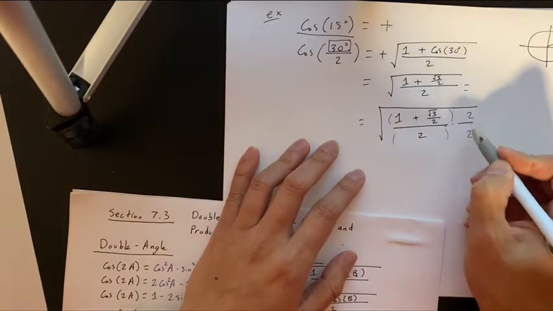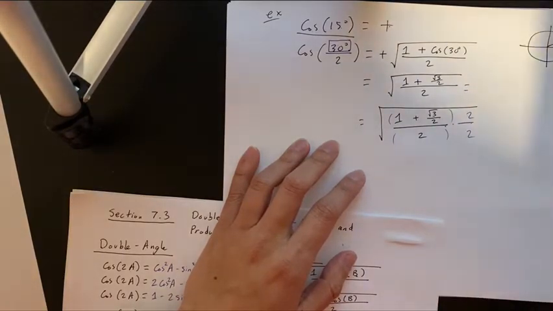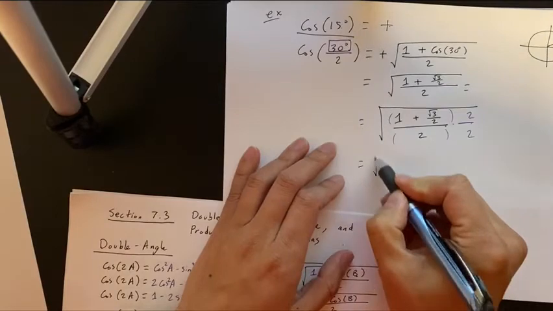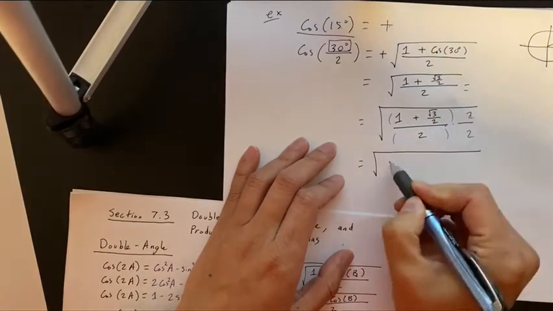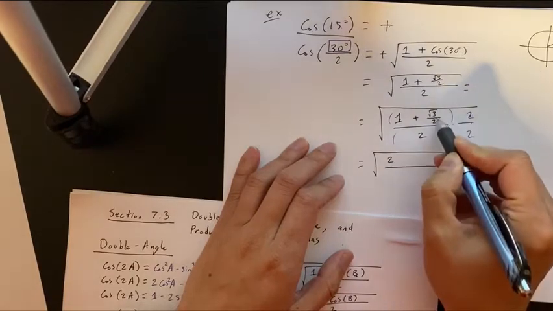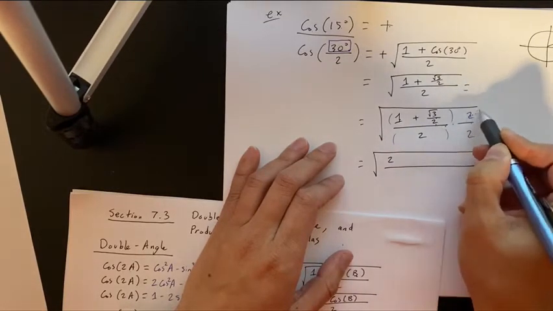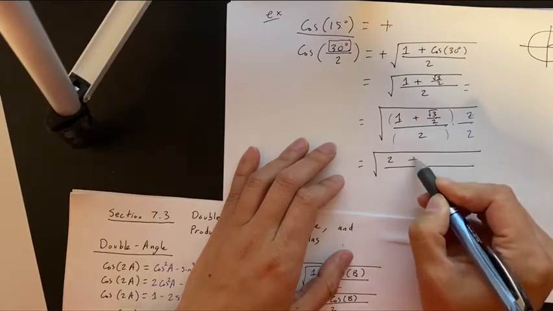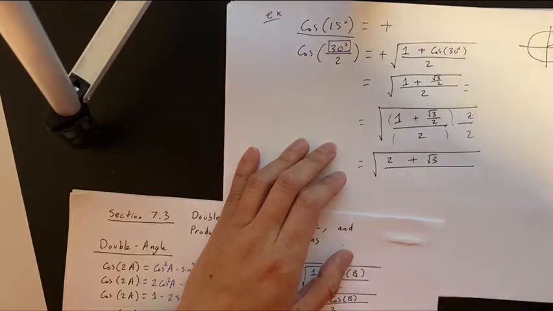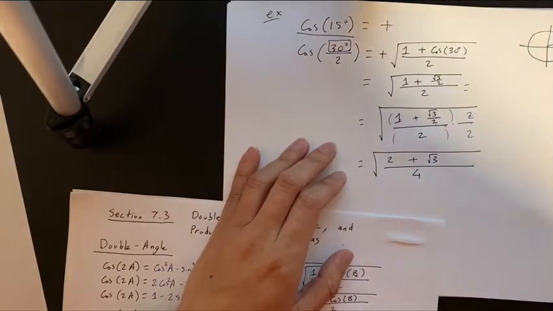As long as you multiply top and bottom of a fraction by the same value. And so what will happen if I do that? Well, everything on top is multiplied by 2, so 1 times 2 is 2. And what is this fraction times 2? Root 3 over 2 times 2. The 2 will cancel, and you get a root 3. And the bottom is a 2 times 2, which is a 4.